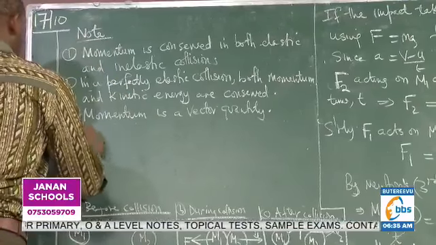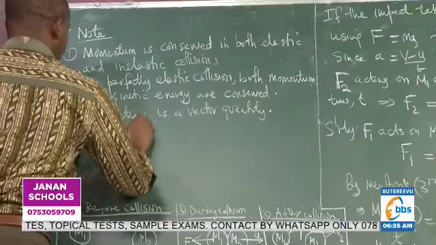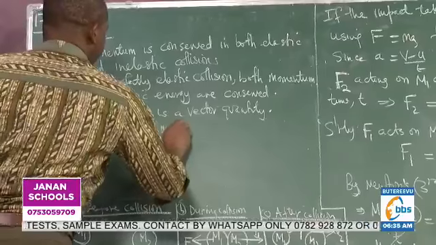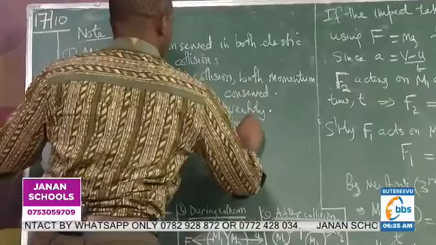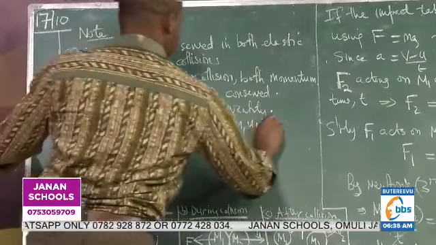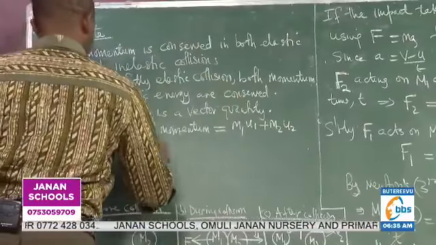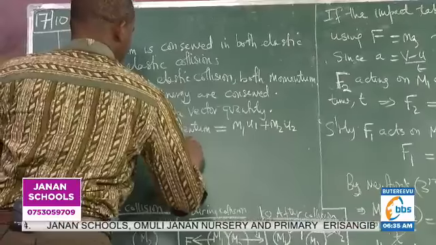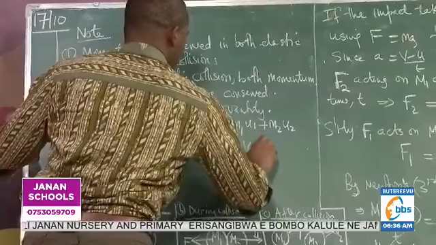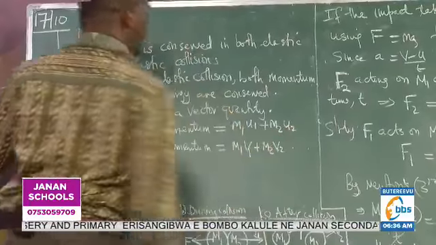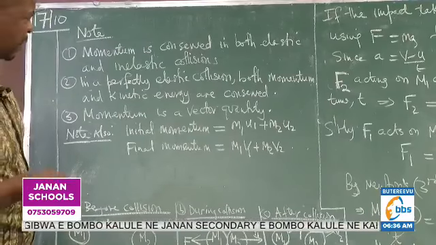Note also that initial momentum from the expression I've got is m1 times u1 plus m2 times u2. And final momentum is m1 v1 plus m2 v2 for bodies that move separately after collision.